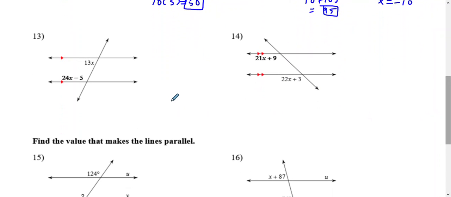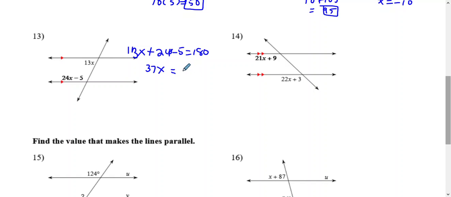Okay. In 11, the type of angles we're dealing with are same side interiors. We know that they add up to 180. So we'd write our equation again to add both of them, 13x plus 24x minus 5, and it would equal 180. We would solve it by combining 13x and 24x. Those add together to give me 37x.